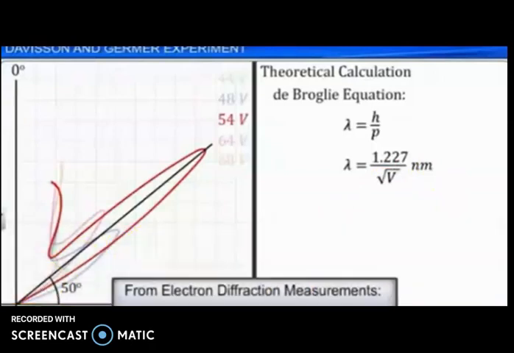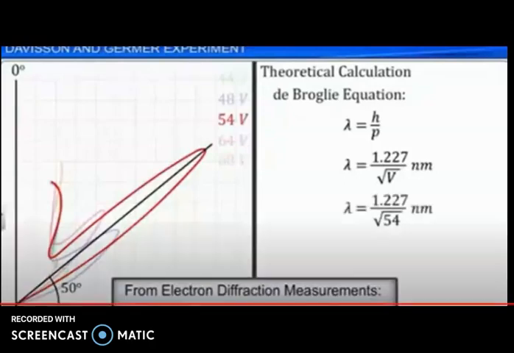In this experiment for diffraction of electrons, the measured wavelength at 54 volts is 0.165 nanometers. On substituting the voltage in the equation and simplifying, we get the associated wavelength equal to 0.167 nanometers.